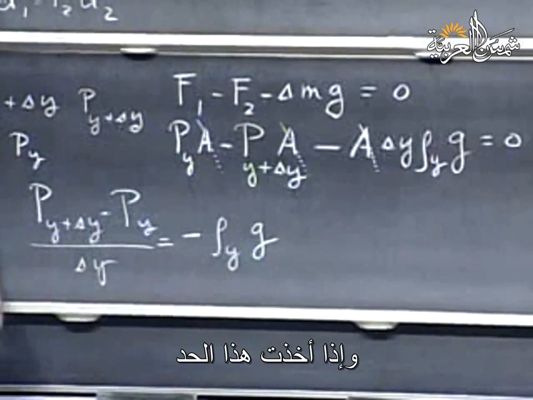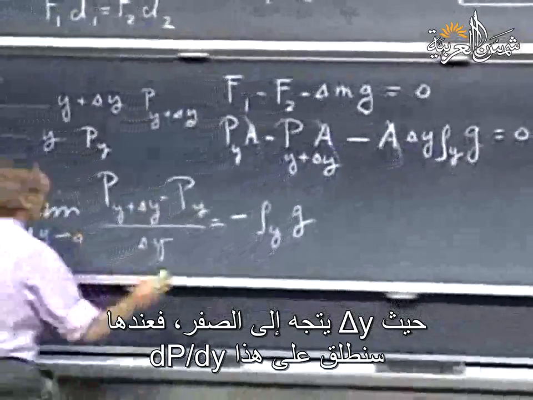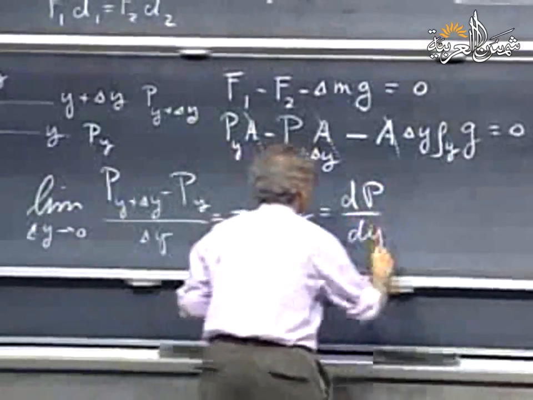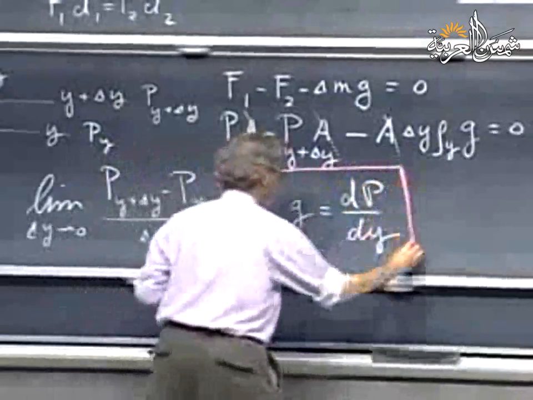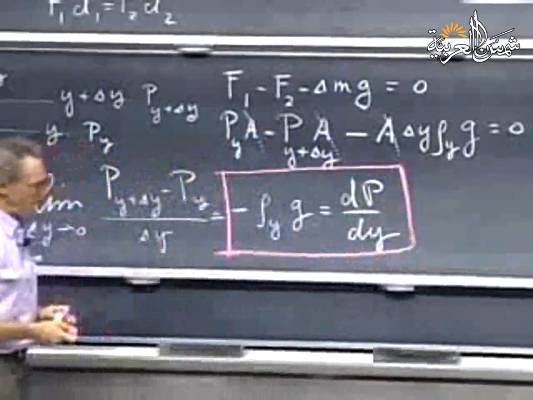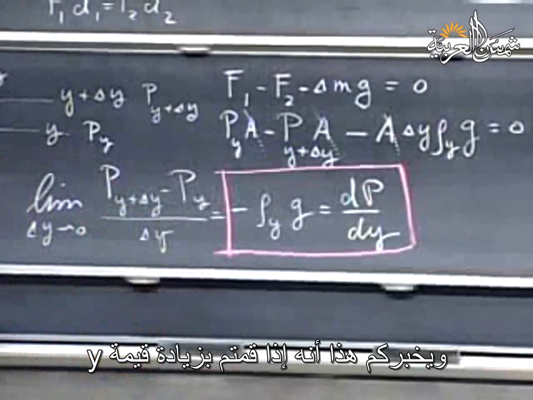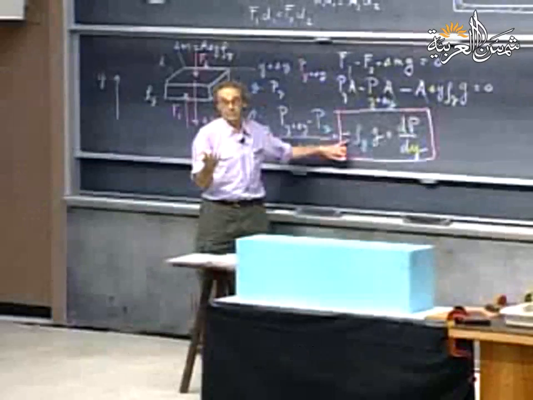And if I take the limiting case of this, for delta y goes to 0, then we would call this dp dy. And this tells you that when you go to increasing values of y, the pressure will go down. It's a minus sign.